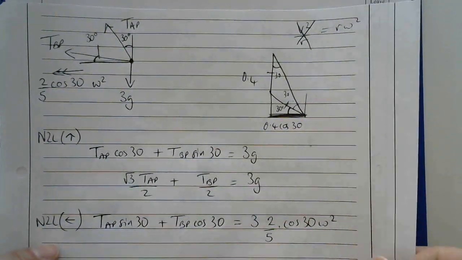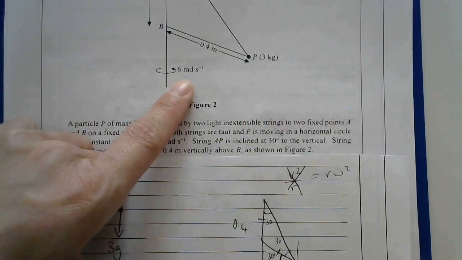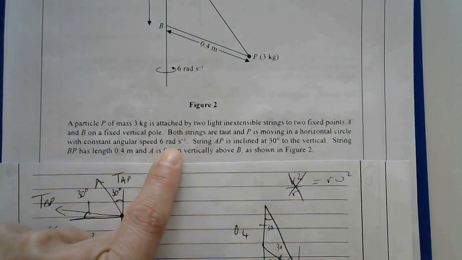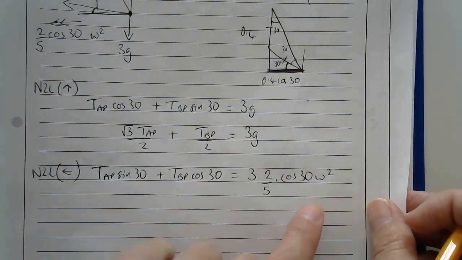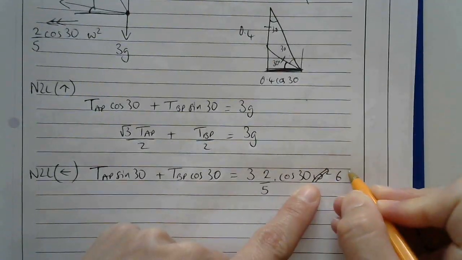But I know what omega squared is because they told me. Omega was this 6 radians per second. Here we are, constant angular speed 6. So I can pop a 6 in here in the place of omega.